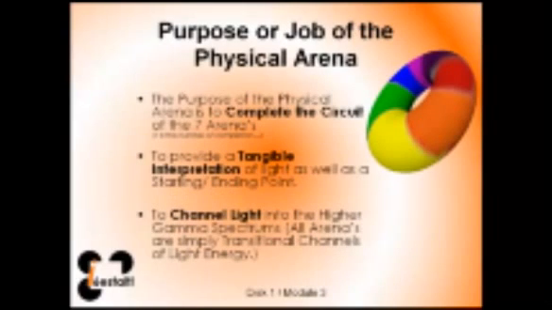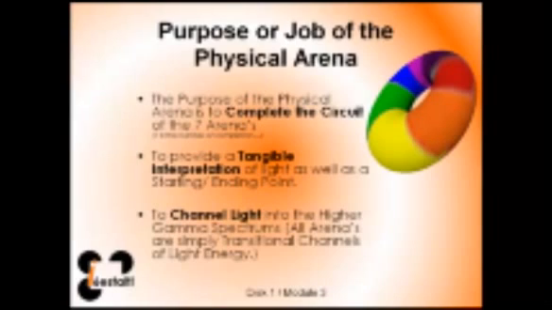So let's take a look at the purpose or the job of the physical arena. Why do we have it in our model? Well, the purpose of the physical arena is to complete the circuit of the 7 arenas. Number one, I'm not saying that's necessarily the most important, but it is the first thing that I want to point out. It completes the circuit. And I took the pentagon and I kind of folded it over on itself around a donut.